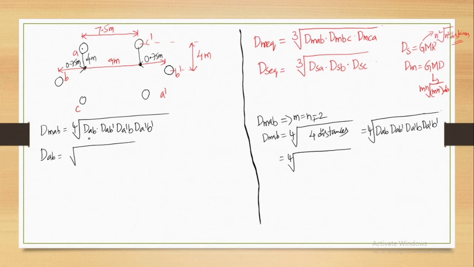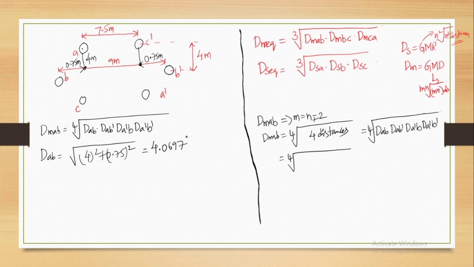DAB is nothing but the root of 4 square plus 0.75 square. DAB value is 4.0697. Right.